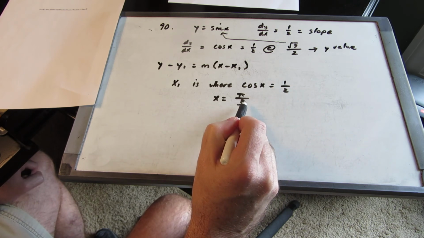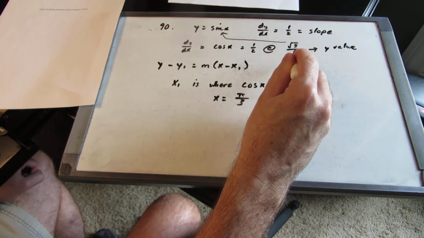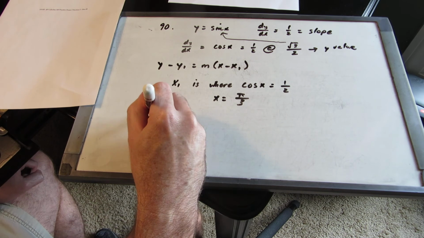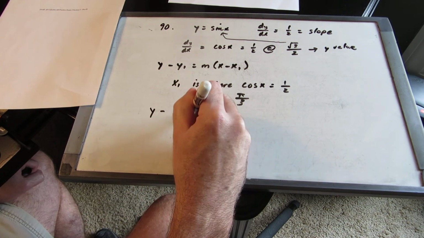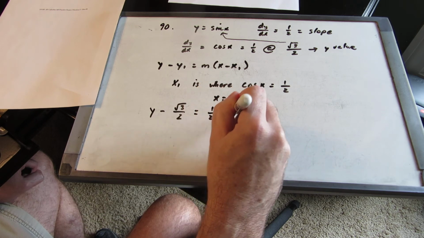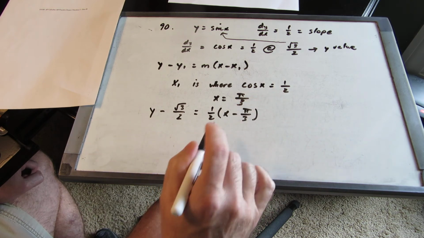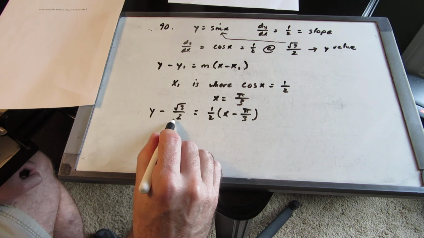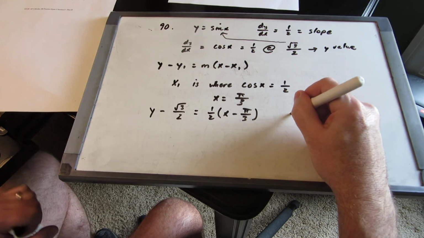Then to get the y value, we go back to the original equation. Sine of pi over 3 is root 3 over 2. So we'd have y minus root 3 over 2 is equal to the slope 1/2 times x minus pi over 3. You would have to move the negative root 3 over 2 to the right, but that matches selection B.